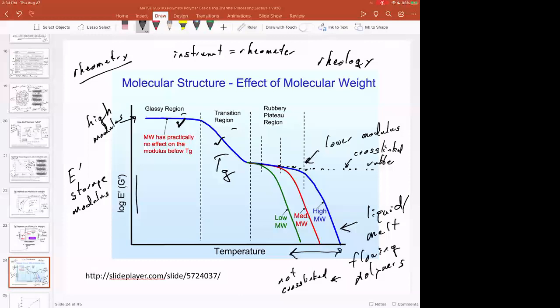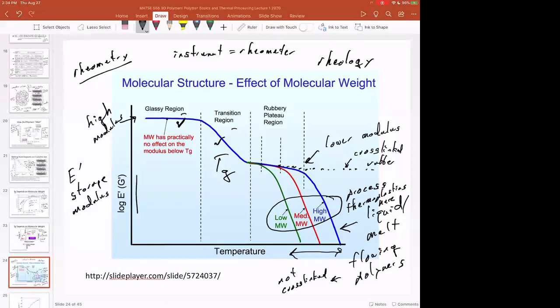We really need to be in this melt region where we process thermoplastics here. Sorry, that's getting crowded, but hopefully you're taking some notes at home. But you really want to process thermoplastics in the melt region.